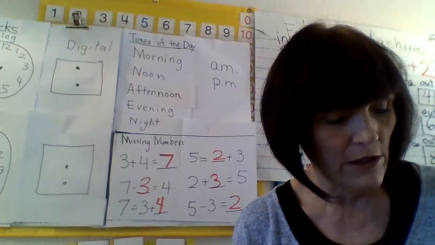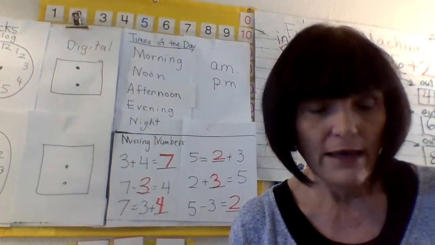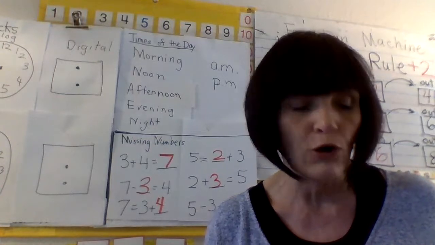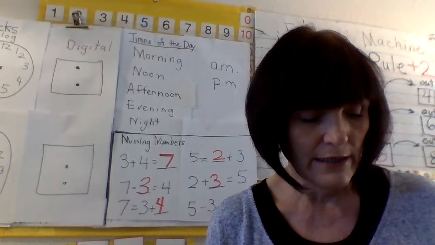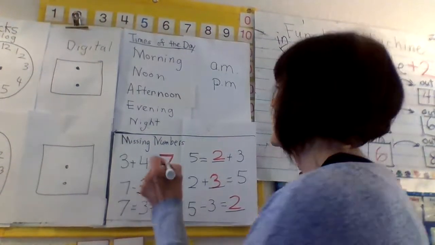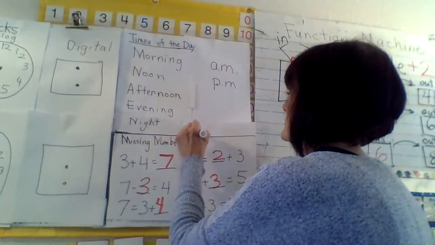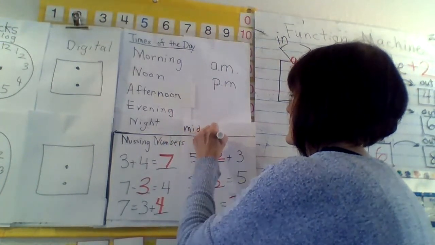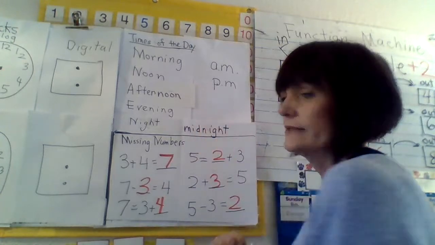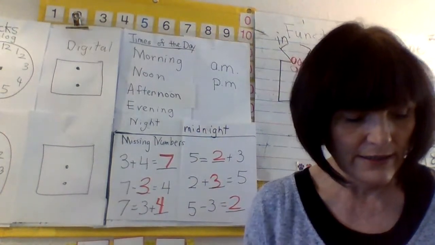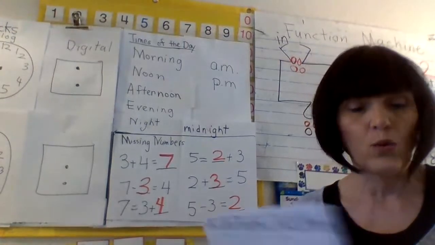Right, 12 o'clock midnight. And make your best guess if you think that is AM or PM. All right, I'm going to write midnight right up here. Midnight. AM or PM, what do you think? Even though it's dark, what do you think?